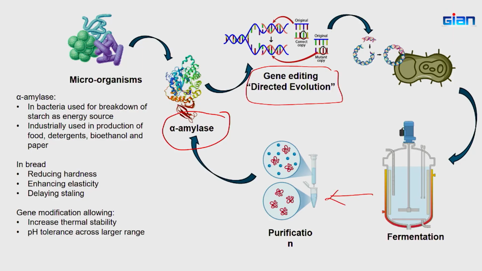And the gene modification would be required to give certain properties to the enzymes, right. We do directed evolution because we want to change the property of the enzymes. We want to make it much more stable. We want to make it viable at higher temperature ranges or pH ranges, right.